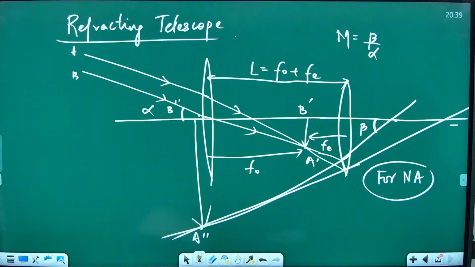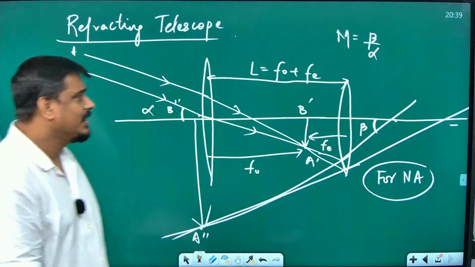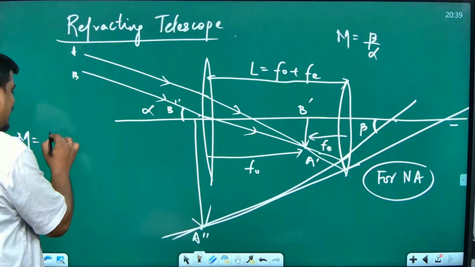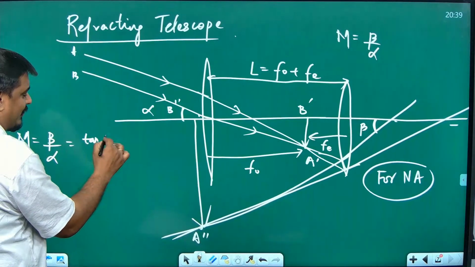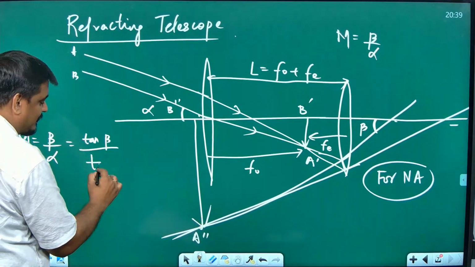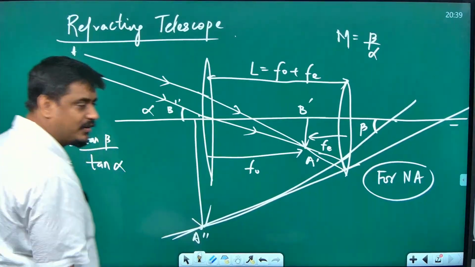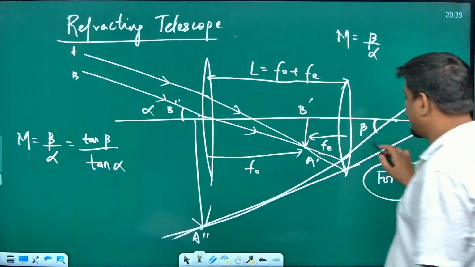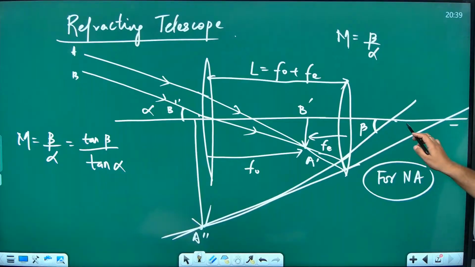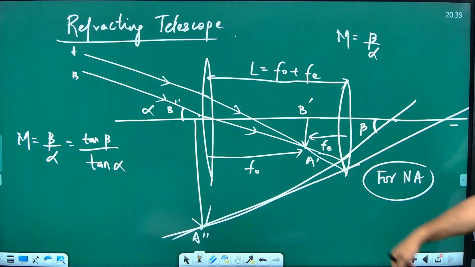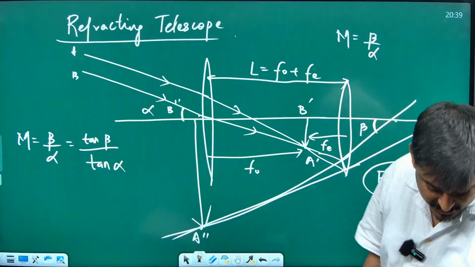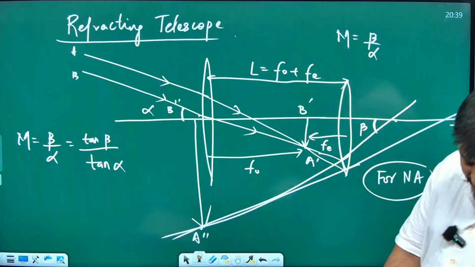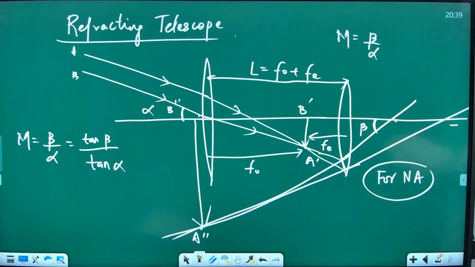We can find easily. What is beta? Instead of beta, I can write beta by alpha, which can be taken as tan beta by tan alpha. Let me use NCERT itself. What is tan beta here? Here what they have taken? Beta as H by FE.